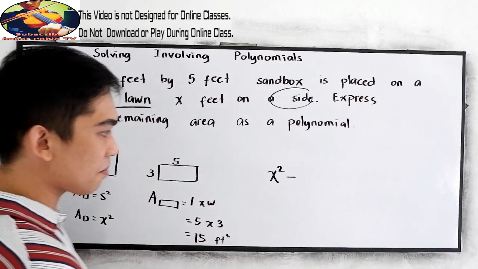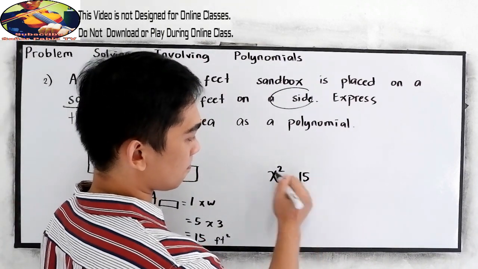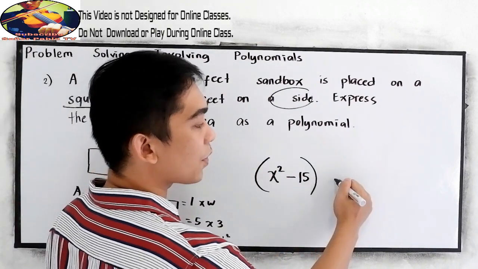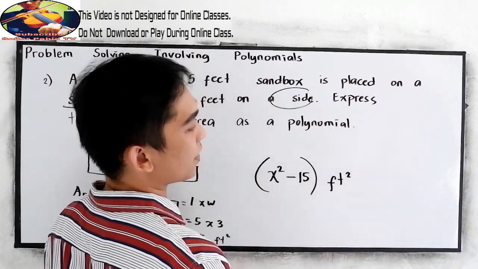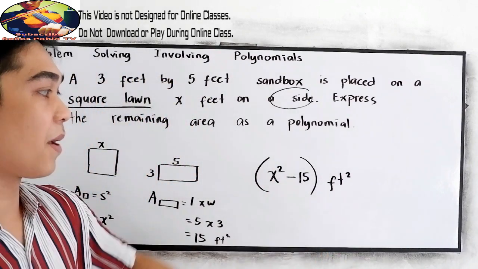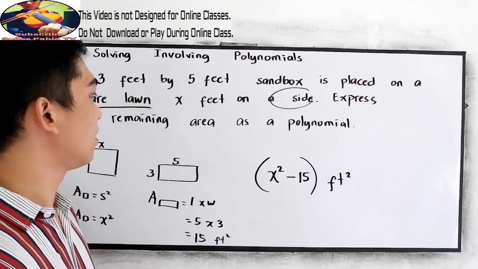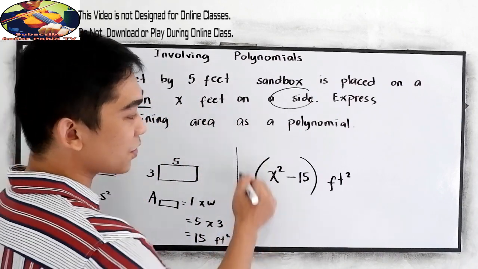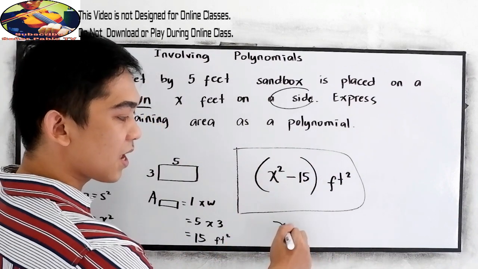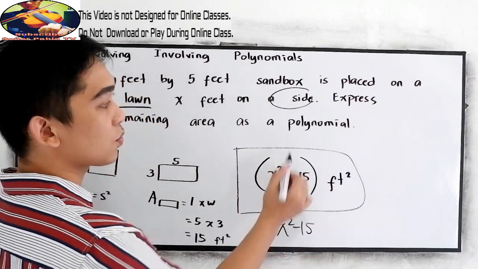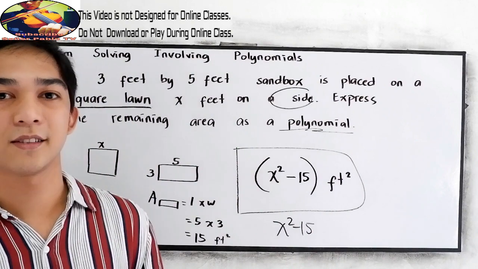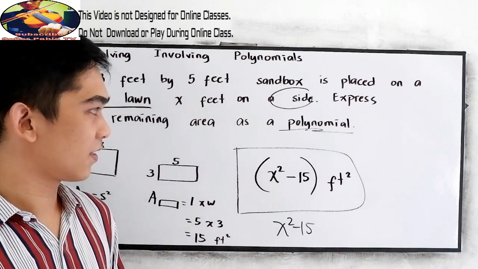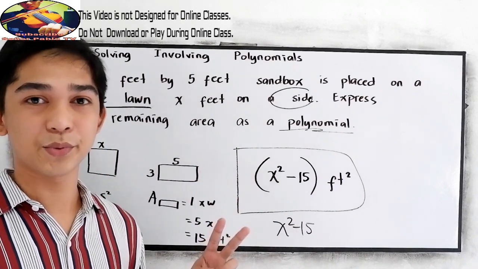The area of our sandbox is 15. Our unit will be feet. This will be the remaining area of the square lawn. So this will be your final answer, or simply x squared minus 15, because we're looking for the polynomial only. So that's our example number 2.